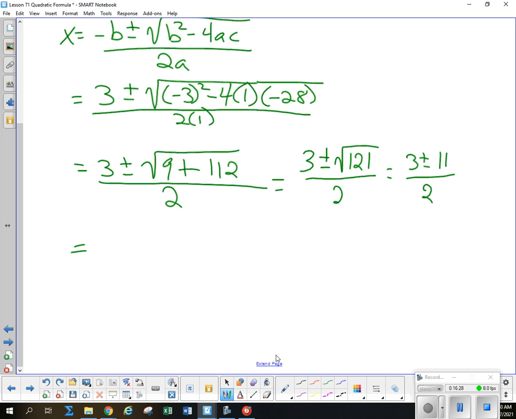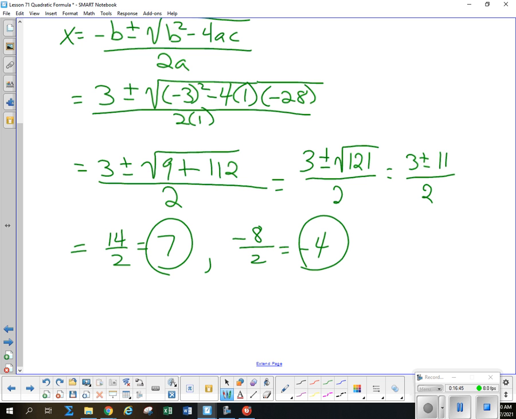So one answer is 3 plus 11 is 14, which gives us 7. The other answer is 3 minus 11, which is negative 8, over 2, so negative 4. So our two answers are 7 and negative 4.